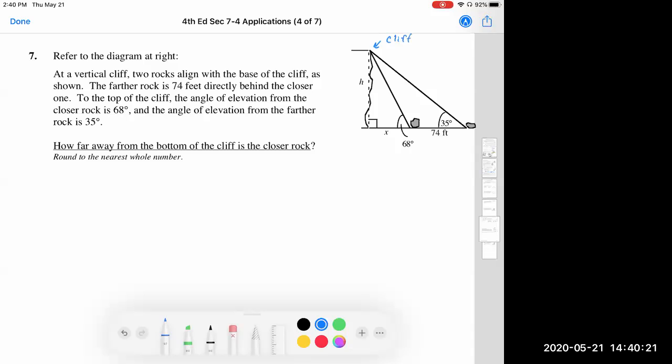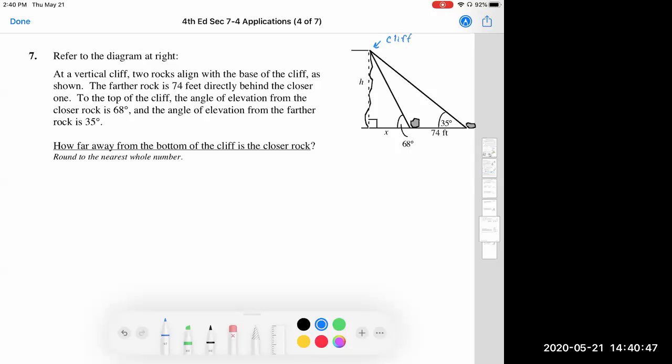The farther rock is 74 feet directly behind the closer one. Okay, I see the 74. At the top of the cliff, the angle of elevation from the closer rock is 68. Okay, it marks the 68. And the angle of elevation from the farther rock is 35 degrees. All right, I see that everything's labeled. I get it a bit better this time.